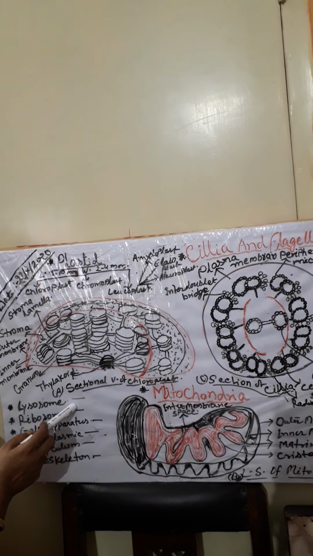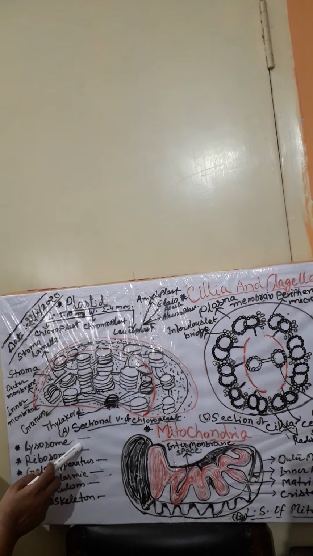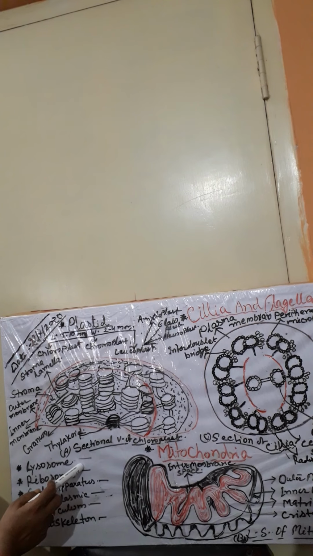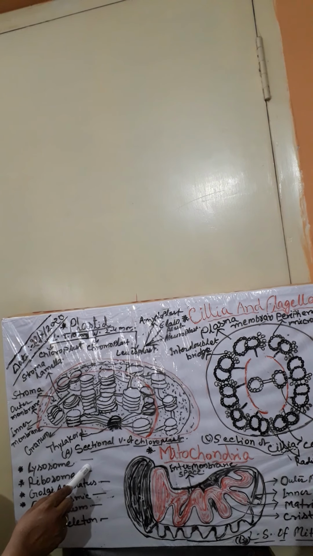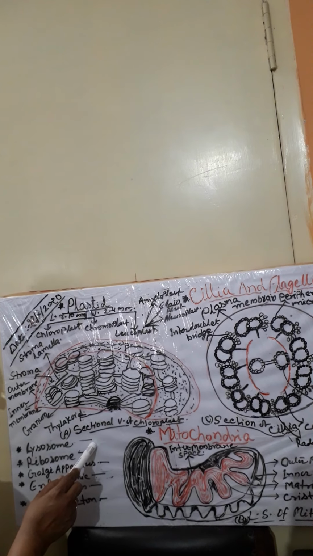The isolated lysosomal vesicles have been found to be very rich in almost all types of hydrolytic enzymes, like hydrolases, lipases, proteases, carbohydrases, etc. They are optimally active at acidic pH. These enzymes are capable of digesting carbohydrates, proteins, lipids, and nucleic acids, etc.